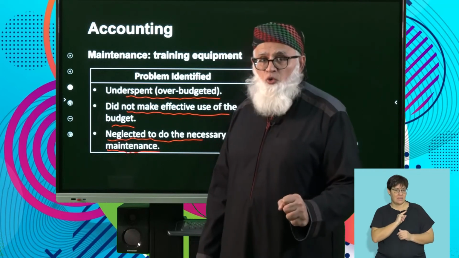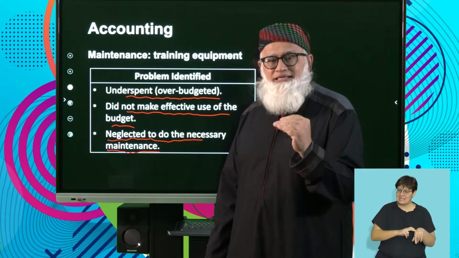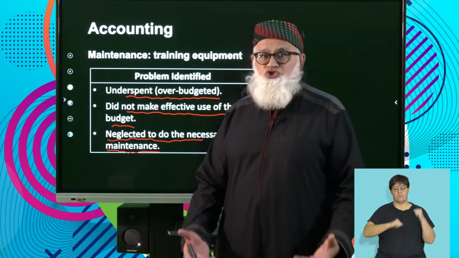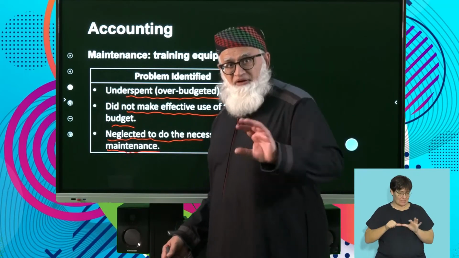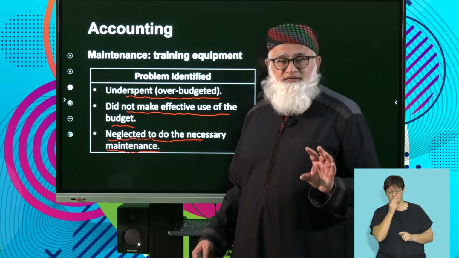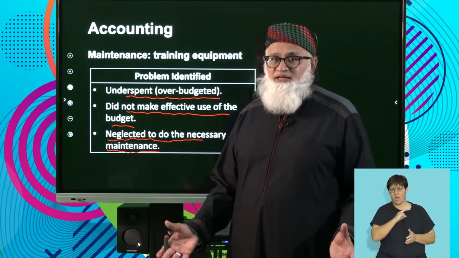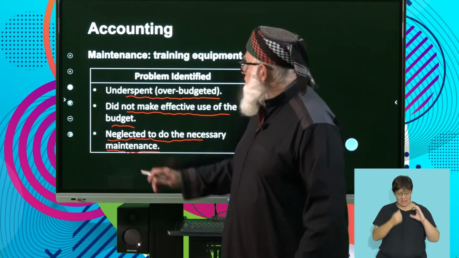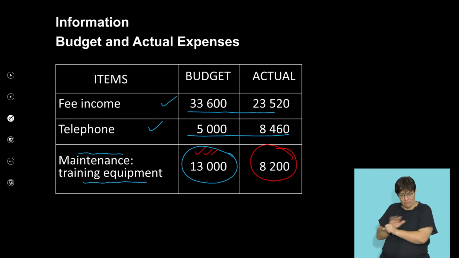Because we all know that equipment in a gym needs to be maintained at peak performance because of its usage, right? So, although prima facie, at first sight, it appears that it was fantastic because we saved money, that's not the point. You've budgeted an amount of 13,000 Rand, right? But you've only spent 8,200.